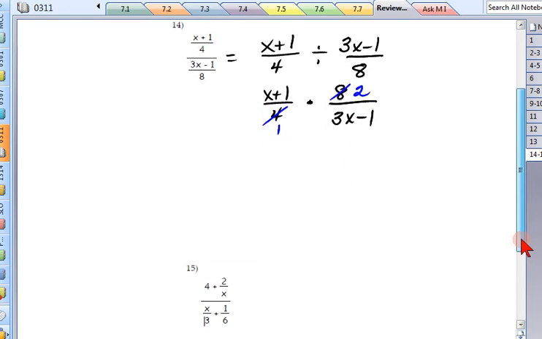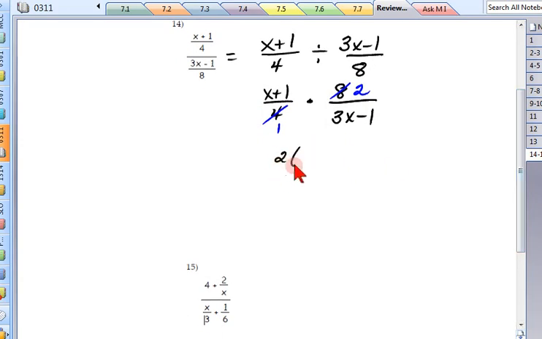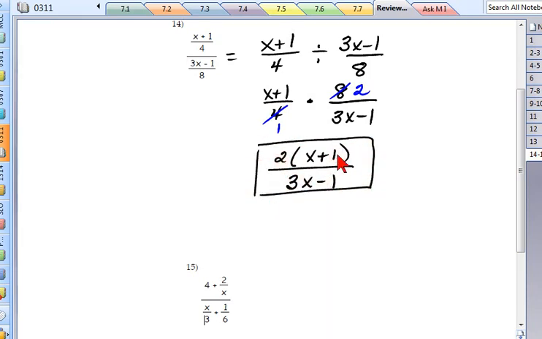That's going to leave us with 2 times x plus 1 over 3x minus 1. And you don't need to do that product. If you did, it would be okay, but you don't need to. Type 1, super easy, I hope.